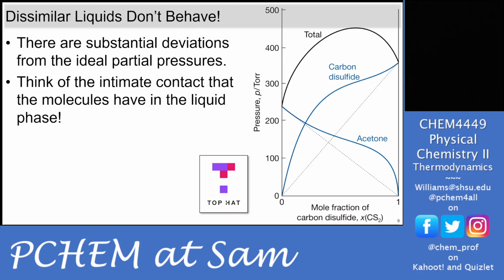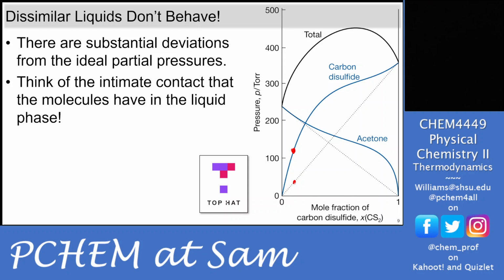And so if I have a lot of acetone and a little carbon disulfide, then the carbon disulfide comes out of solution. So over here, this is mole fraction of carbon disulfide. So I have mostly acetone, a little bit of carbon disulfide, and the carbon disulfide's partial pressure is way above what I would expect from Raoult's law. So remember, these curves are Raoult's law. These are experimental curves. The blue are experimental curves.